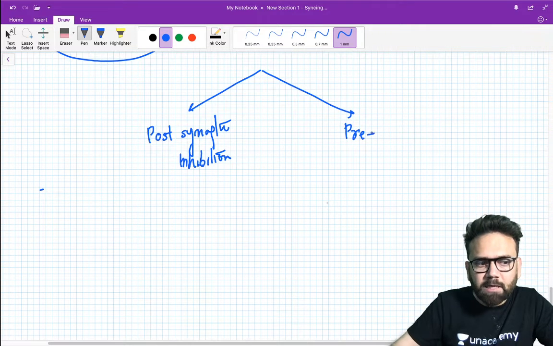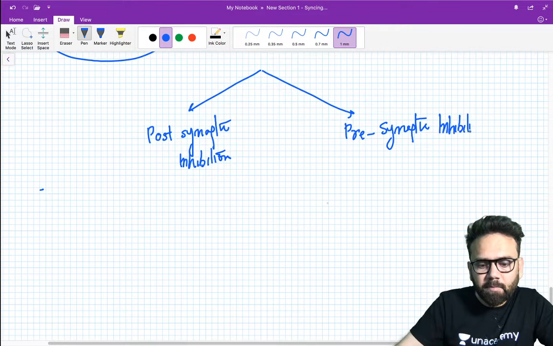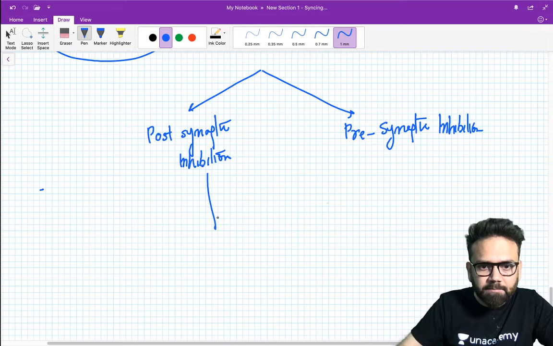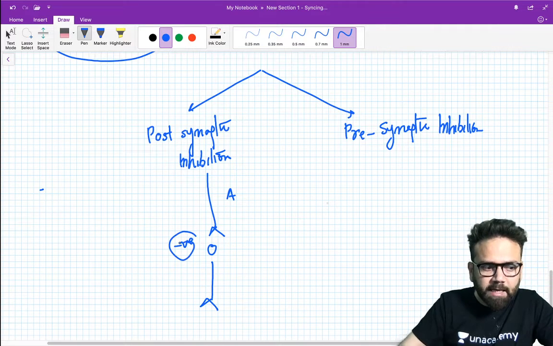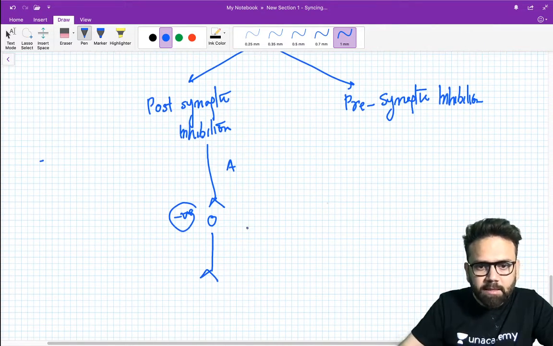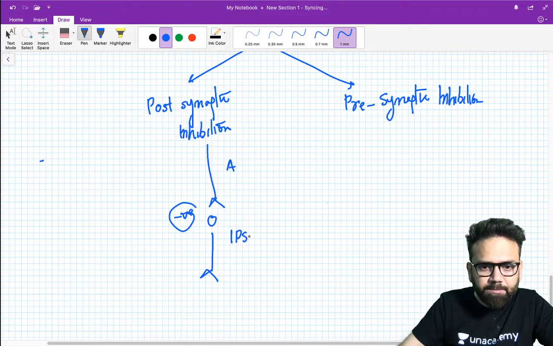Can you tell me any example of presynaptic inhibition? Suppose this is A, and it is inhibiting B by causing IPSP, that is postsynaptic inhibition.